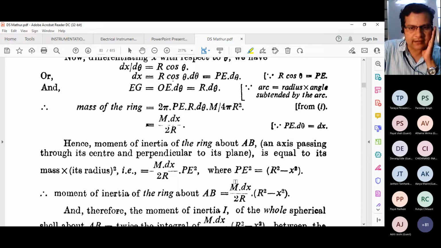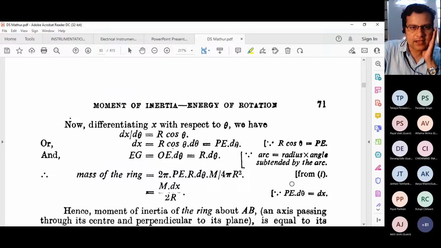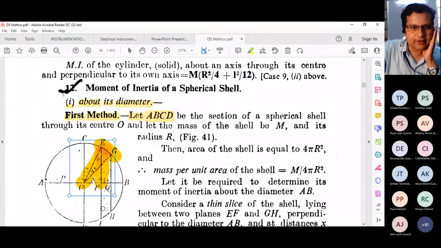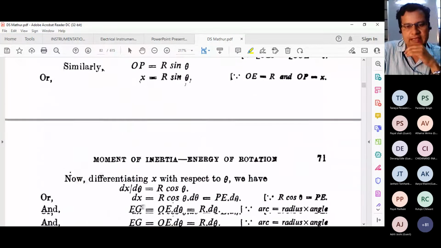Geometrically, we are writing this PE square is equal to R square minus X square. Again, we look at the geometry: PE makes an angle of 90° with the OP over there, and OE distance I know is the radius R of the shell, and I know the distance OP as X. So I can write this PE square by the Pythagoras theorem: PE square is equal to R square minus X square.